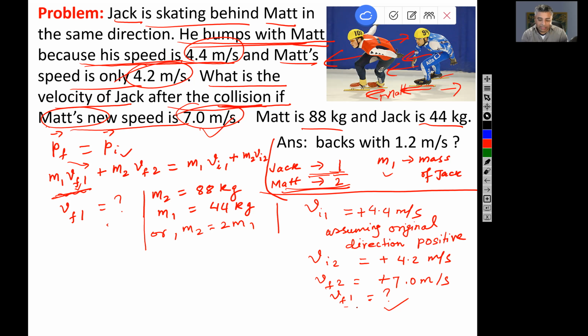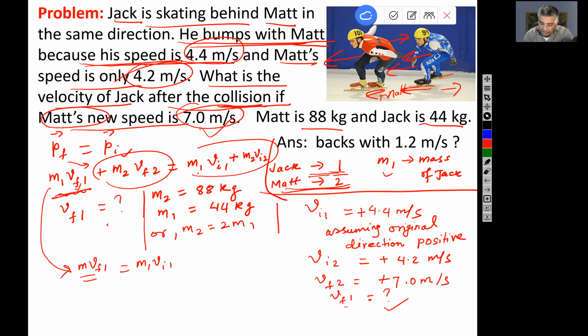So now you can plug in everything here, but before plugging in, I always like to solve for the thing first, okay? But you don't have to. Since I'm looking for vF1, I'm keeping this term and moving this term to the other side, which means that's going to be negative. Everything else I'm just copying, see?